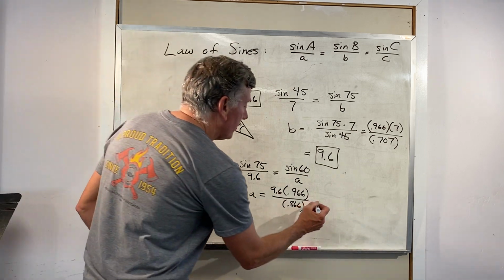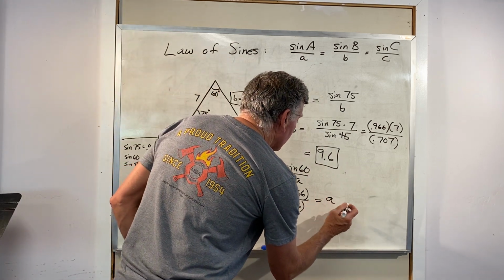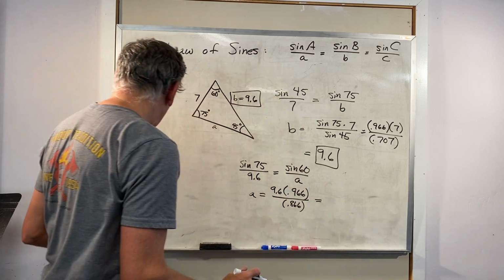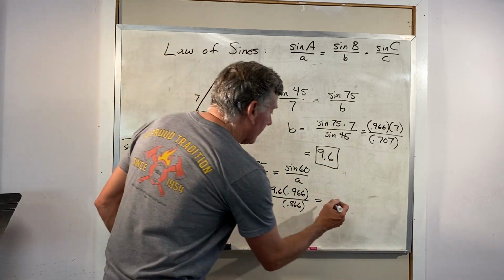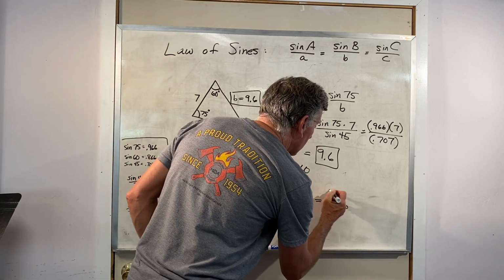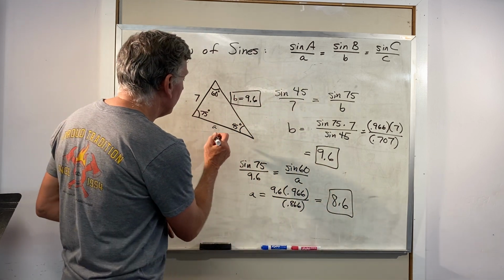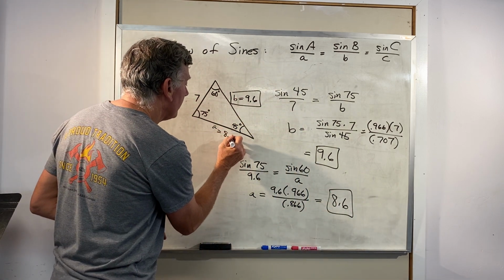When I do that multiplication, I get A is equal to 8.6. So that's my other side here, A equals 8.6.